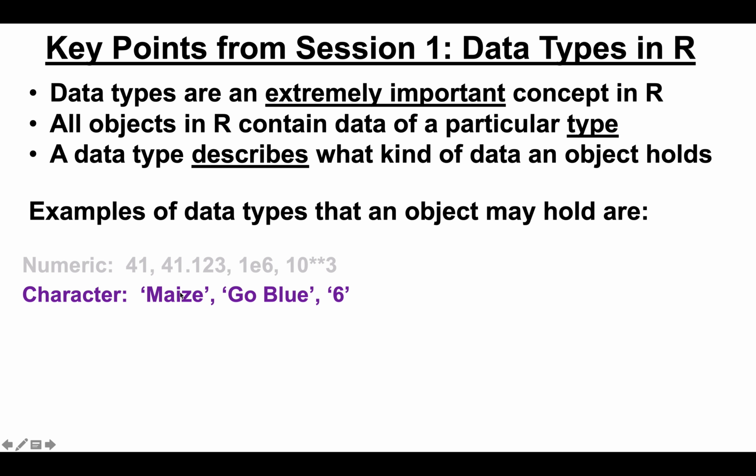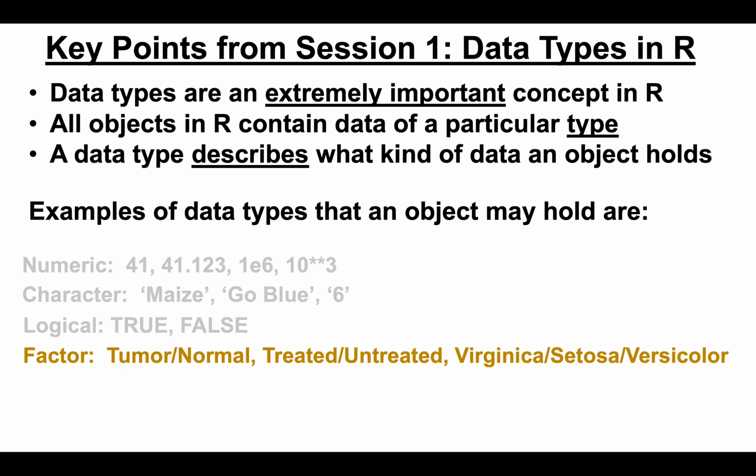The key here is anything inside of quotes, even something that looks like it's numeric, will be considered character by R. Then we've also got a data type called logical, which is completely made up of the values true and false. And finally, we have the factor data type, which is really useful for doing grouped and subgroup analyses. Factors allow us to group all of our samples based on a condition, like tumor versus normal, treated, untreated, and so forth.